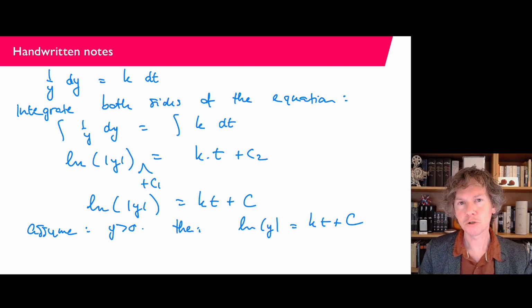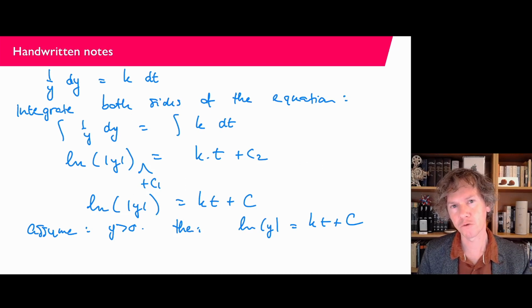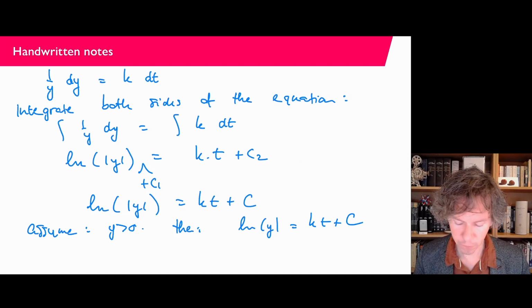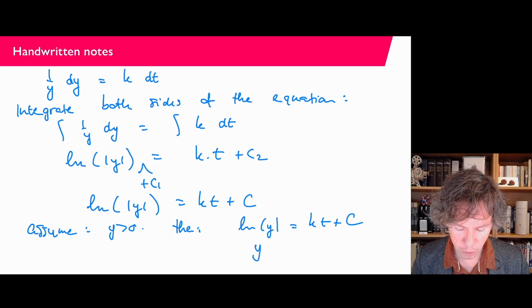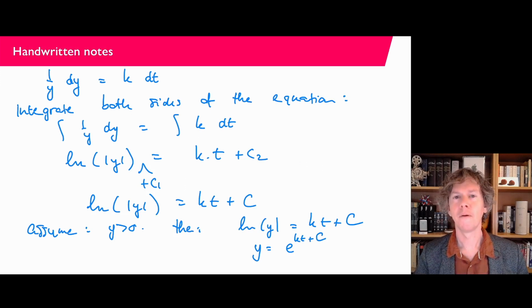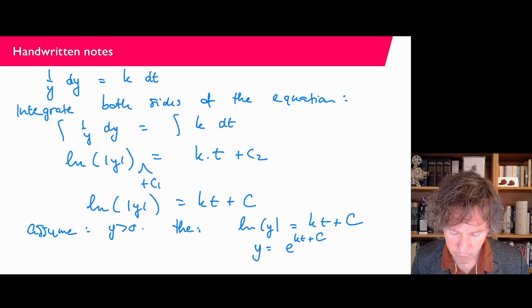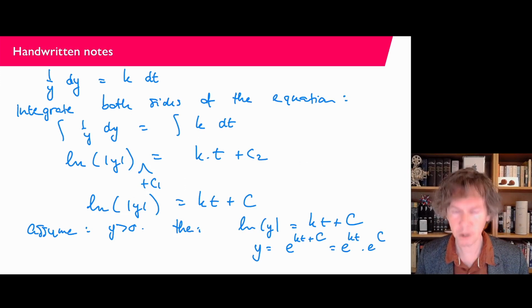Now, I'm interested to find y. So what I'm going to do is use the inverse of the logarithm, which is the exponential function. So I know now that y is apparently e to the power kt plus c. Now, if I have e to the power something plus something, I can split them. So let's write this as e to the power kt times e to the power c.